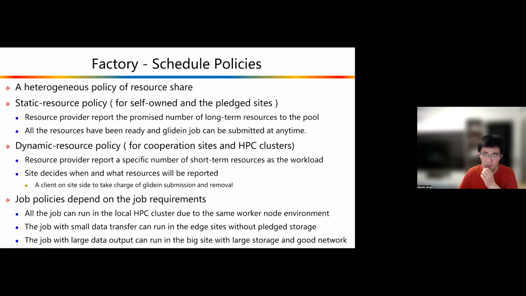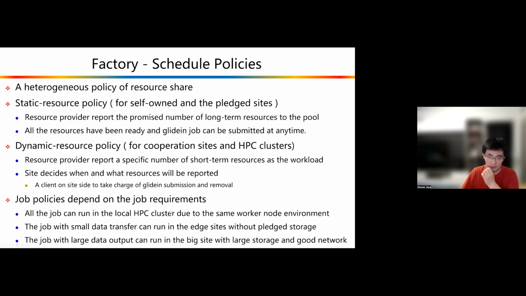If the factory wants to send the glidein job to them, it can do it any time. The second one is for the cooperation sites and HPC clusters, because the resources from these clusters or sites are opportunistic. They're just short-term resources. The site decides when and what resources will be reported to the dHTC pool. So it's a dynamic resource policy.